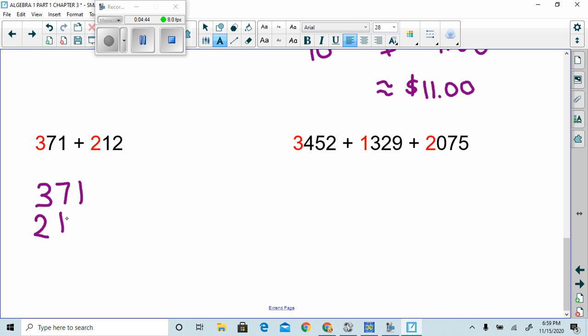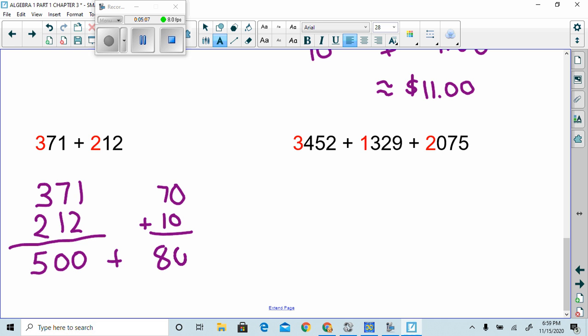I'm going to write them this way. So now I see I have that 5. So if I add this up, I'm just looking at those front digits, that would give me 500. Now let's get to the rounding part. I'm going to take 71 and round it. I'm going to take 12 and round it. The sum of those two is 80. This is approximately equal to 580.